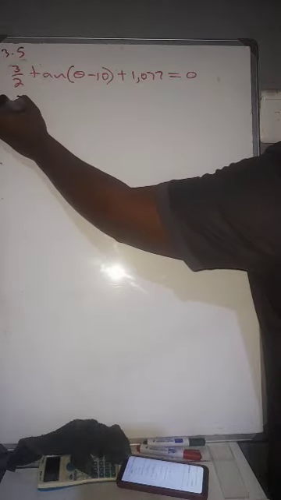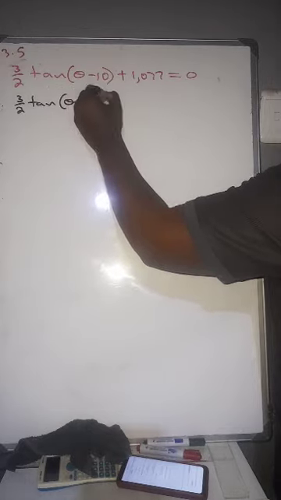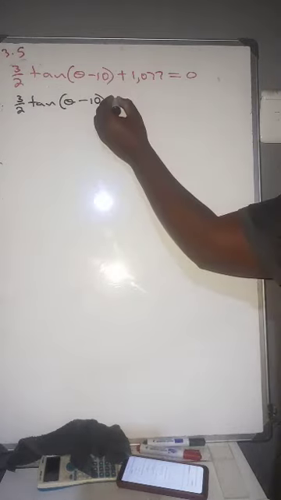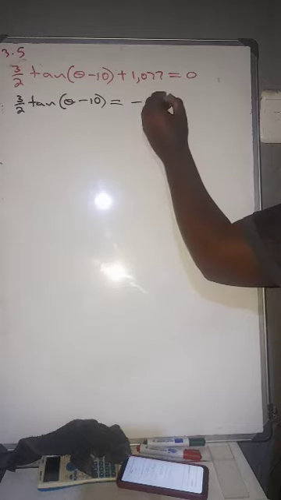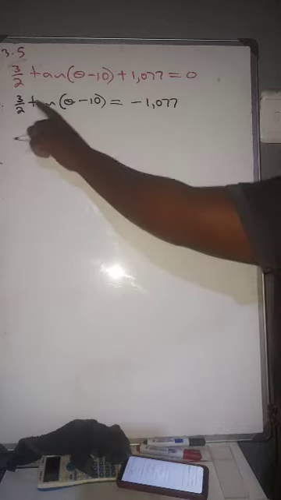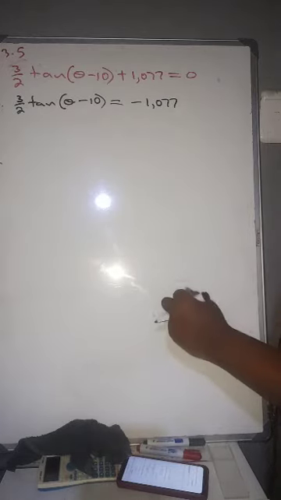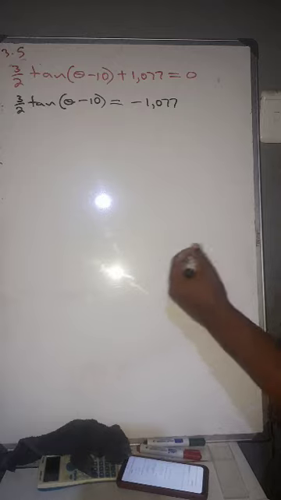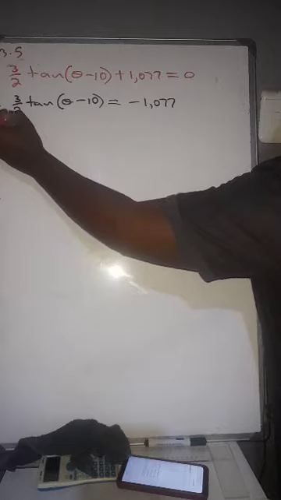Is 3 over 2 tan theta minus 10 is equal to negative 1,077. And then this fraction has to come this side also. It's 3 over 2. It's a matter of multiplying both sides by 2 over 3.